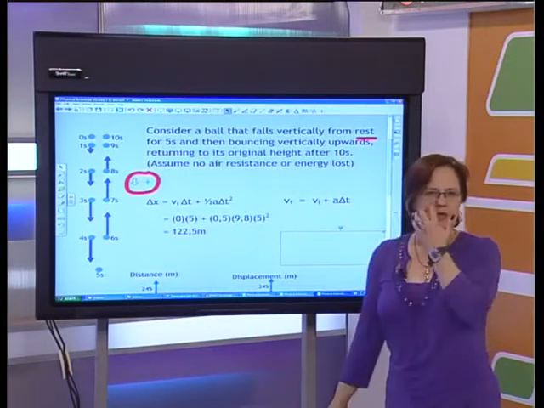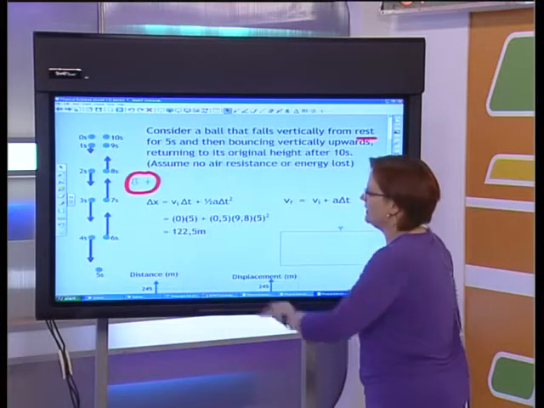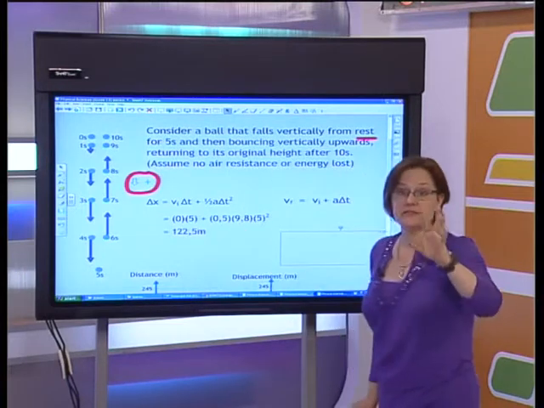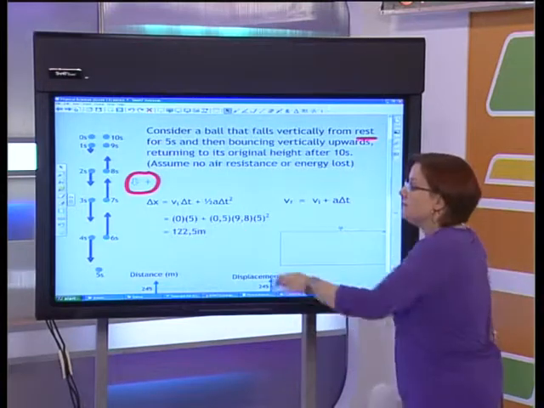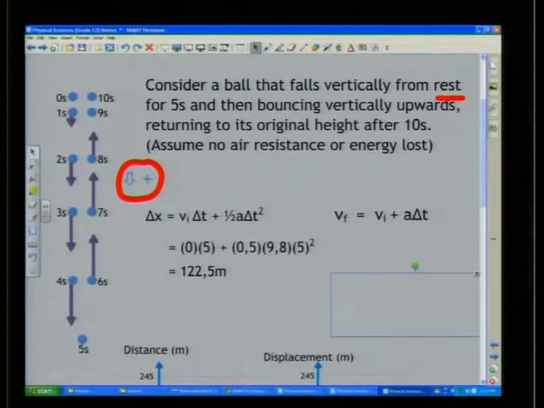I haven't done all the calculations because I'm pretty sure you guys can manage. Remember, and this is a very, very important point, when you substitute in a 0, so we've got 0 times 5, sometimes, especially in some of the older textbooks, they would just write delta y equals a half a t squared.